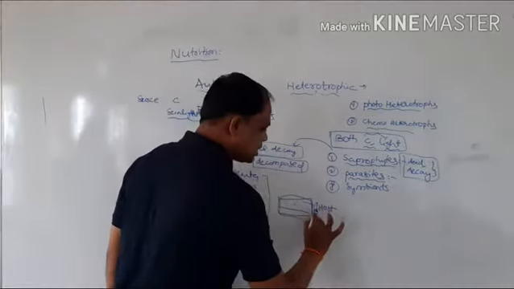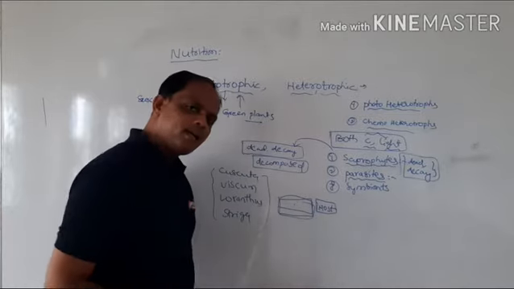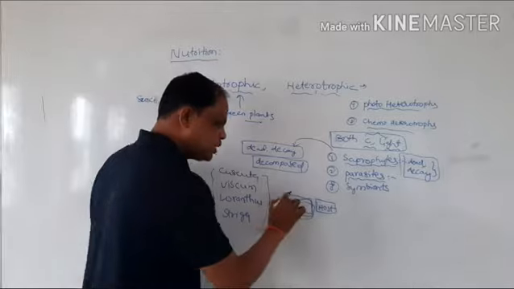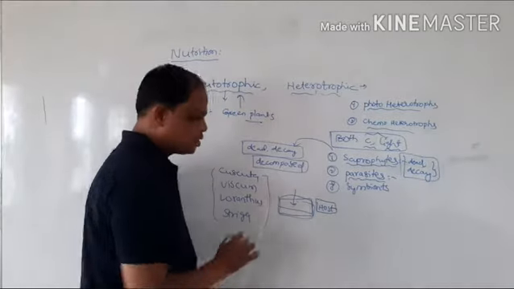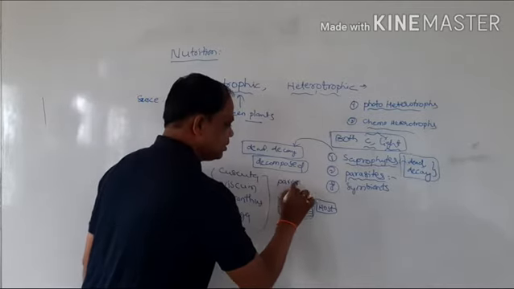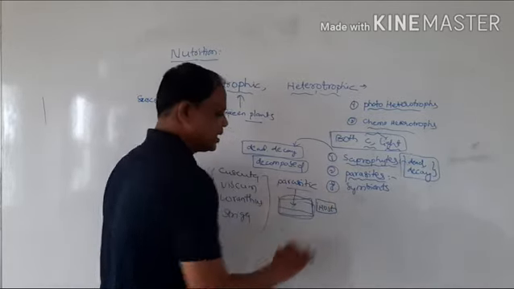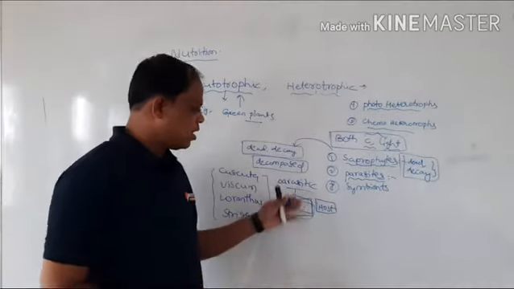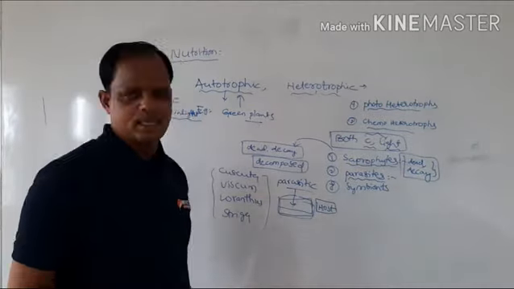And the organism that is directly dependent on the host cells is called a parasitic organism, or parasite.